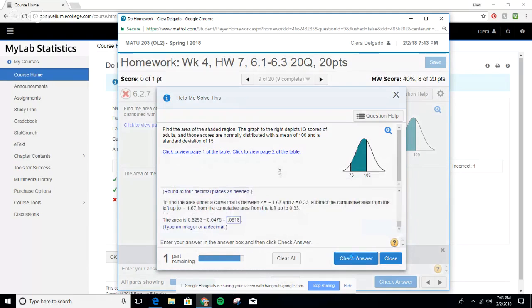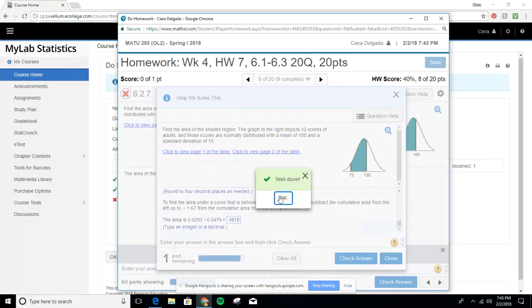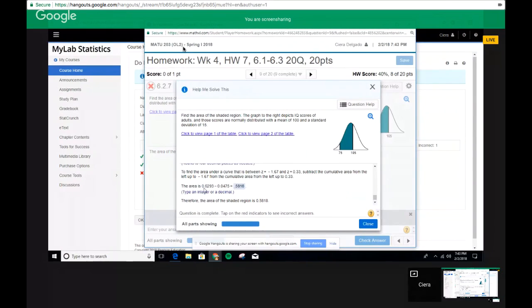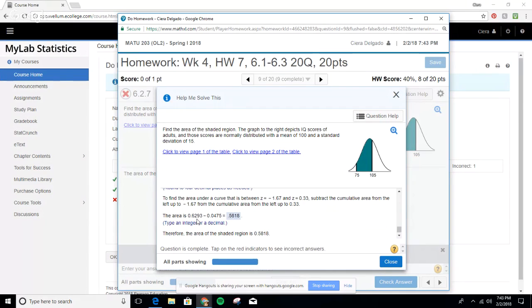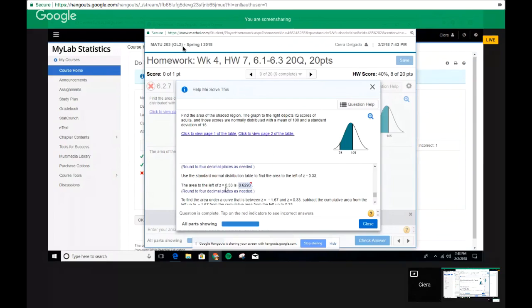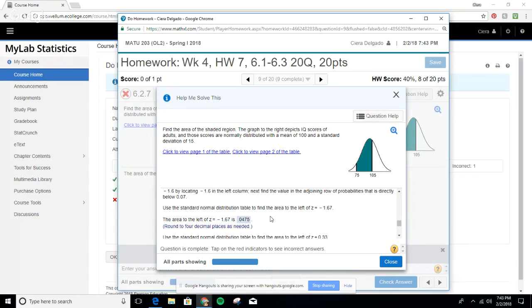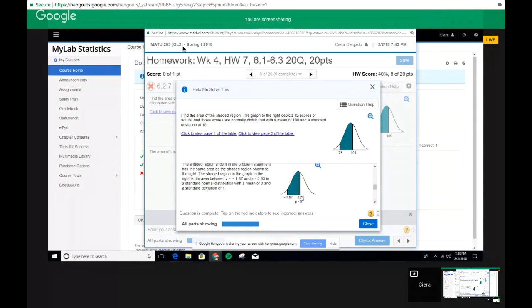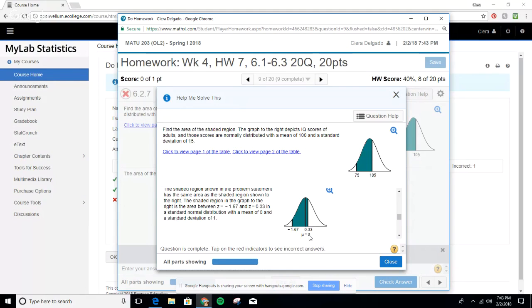Okay, so let's talk about this. The difference is based on percentage. The 0.33 was the high end.